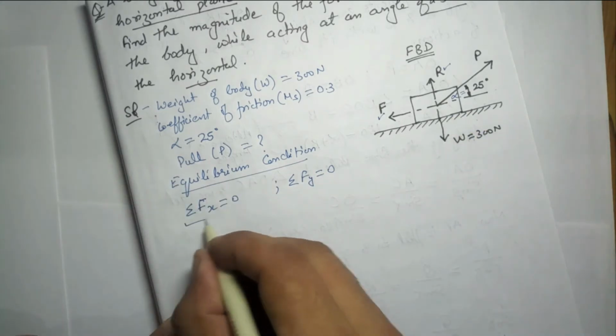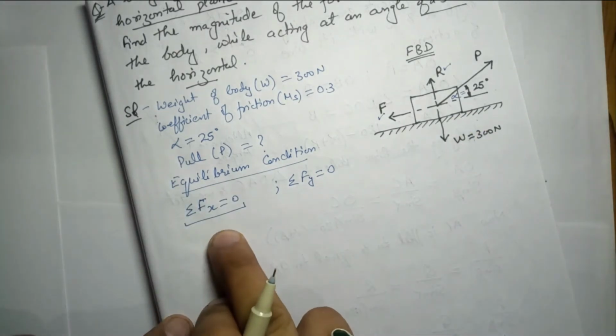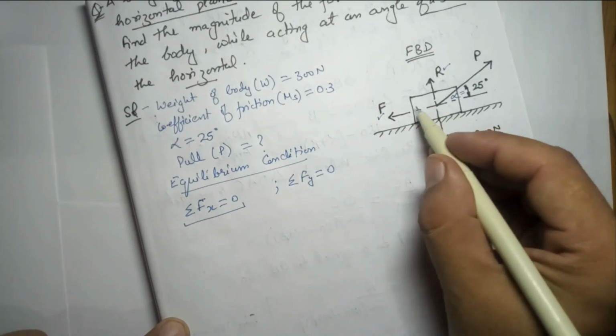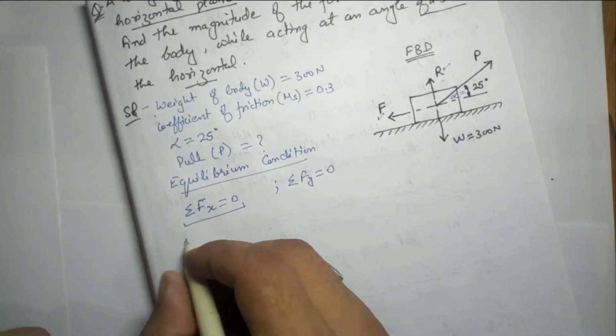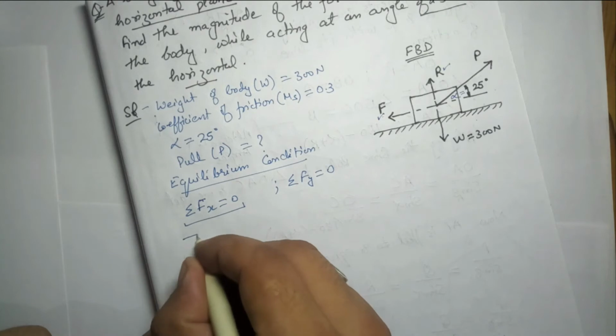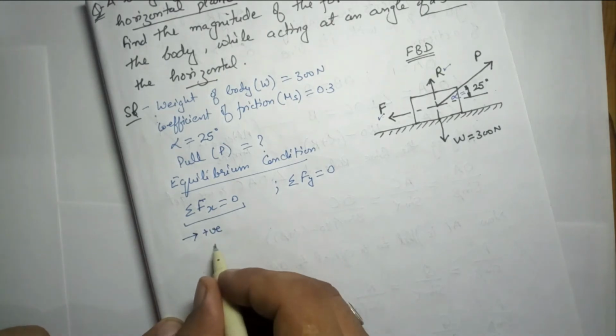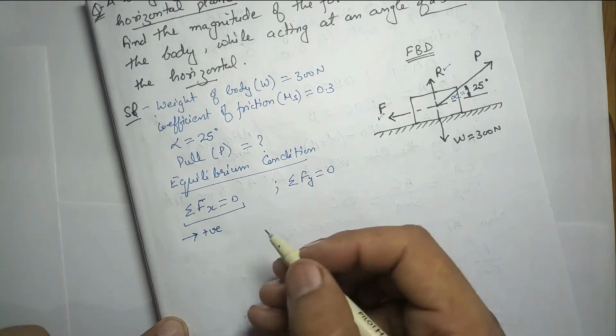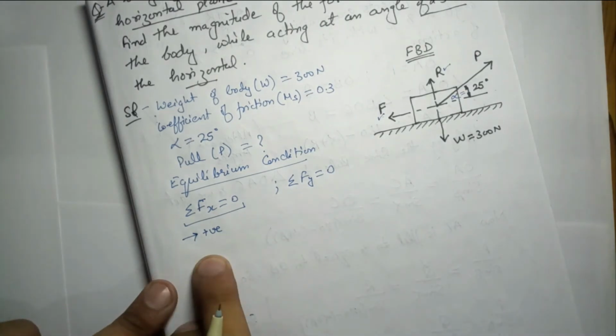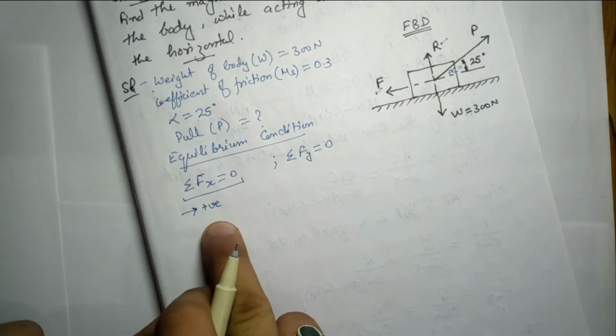So first we can say sum of Fx equals 0. So x direction first, we assume the direction. Let's say I'm taking right side positive. Just show this symbol to represent it, because everyone is free to assume any direction, so this must be shown like this.